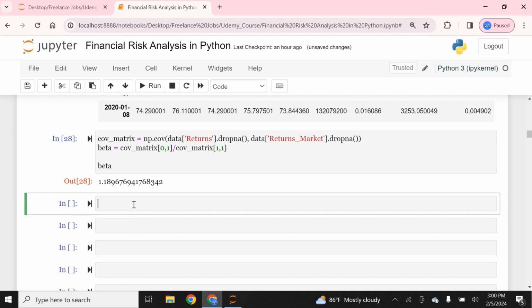So the next thing to calculate now is the Sharpe ratio. The Sharpe ratio is also calculated using the returns data, taking the mean value divided by the volatility.